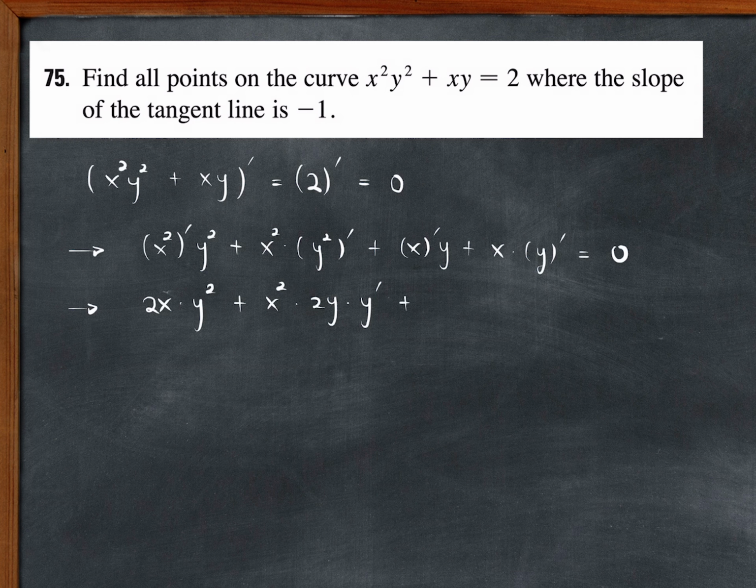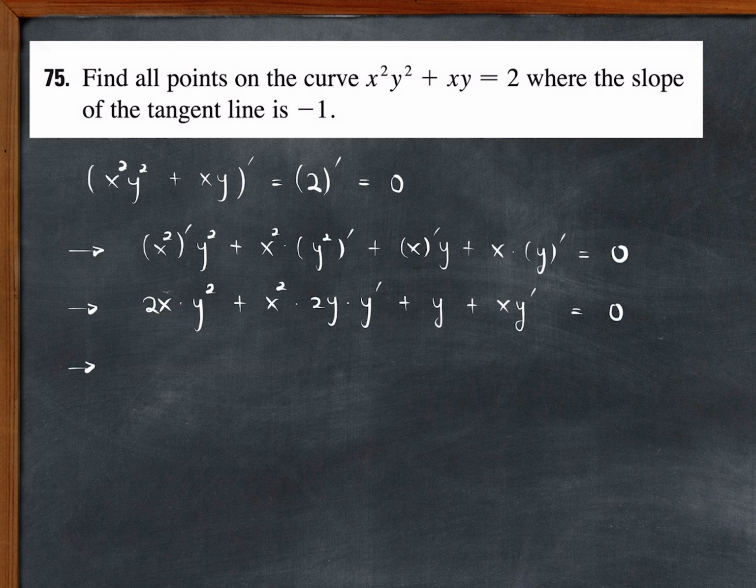Okay, let's move on. The derivative of x is just 1, so it's y plus x y prime. The derivative of y is y prime, very straightforward, equals 0. Now let's do some rearranging and collect like terms. I would like to collect y prime, because after we finish collecting y prime, we can move everything else to the right hand side.